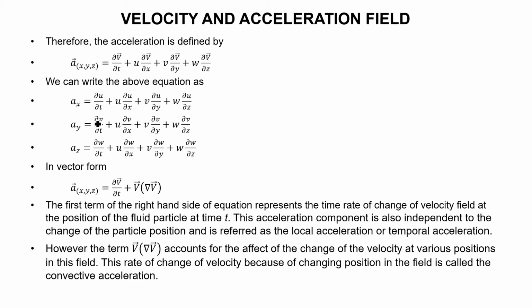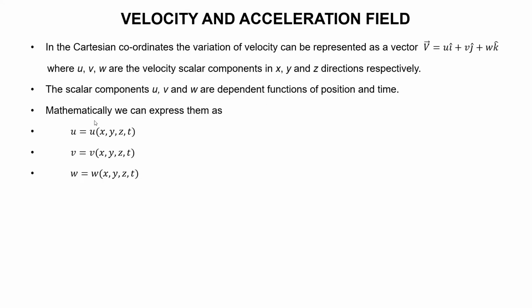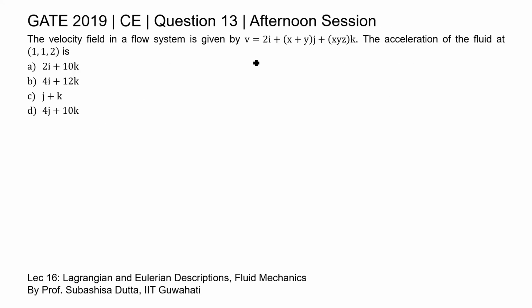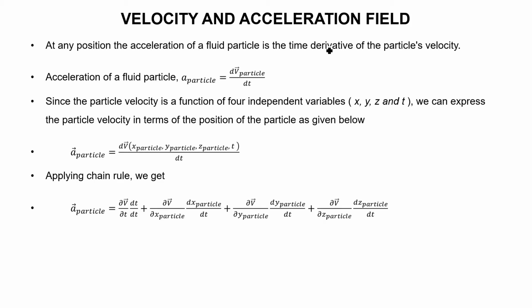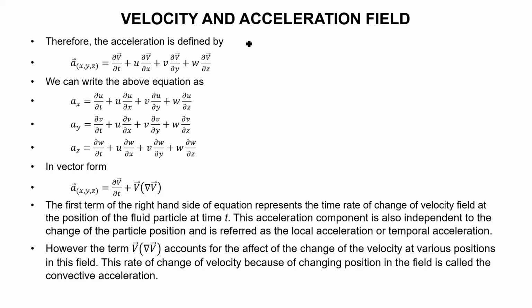We can also write this acceleration equation separately for x direction, y direction and z direction. Now, in this question we have the velocity vector and we need to find the acceleration field. First of all, write the data which is given. The velocity V is given as 2i + (x + y)j + xyz k.